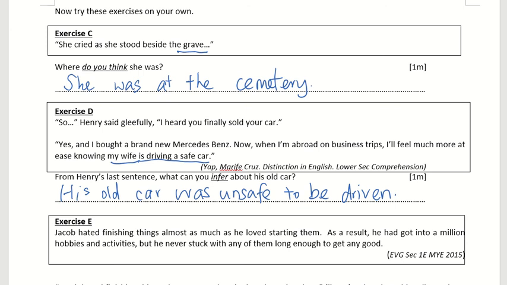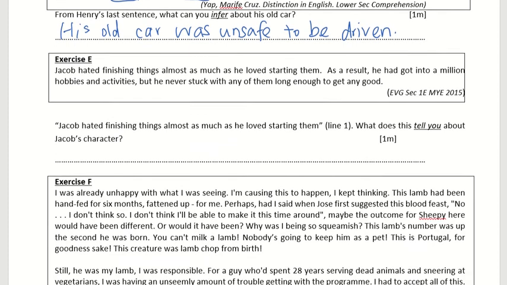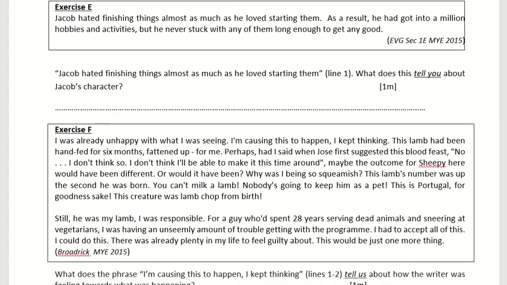Okay, now let's try Exercise E. Jacob hated finishing things almost as much as he loved starting them. As a result, he had got into a million hobbies and activities, but he never stuck with any of them long enough to get any good. So looking at line 1, Jacob hated finishing things almost as much as he loved starting them. What does this tell you about Jacob's character?